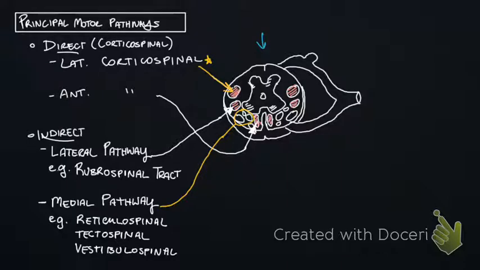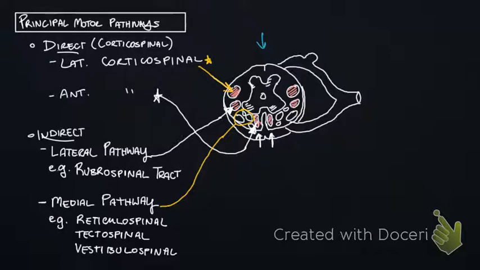And then we also have an anterior corticospinal tract, funiculus, down here, of course, on the anterior side. And we have these on both sides of the spinal cord, so here and also here. And the anterior corticospinal tract deals with proximal muscles, particularly the axial muscles.